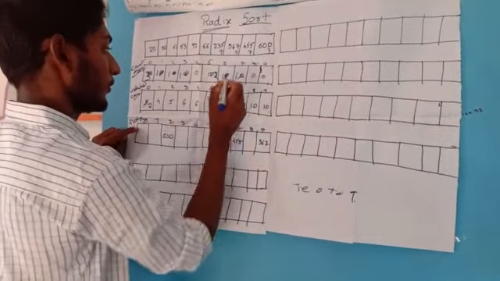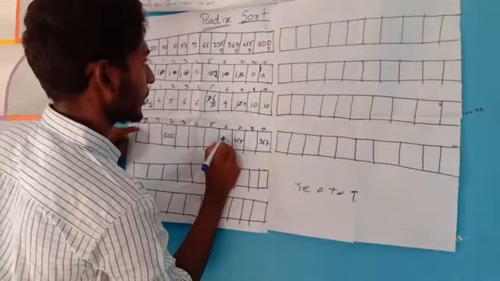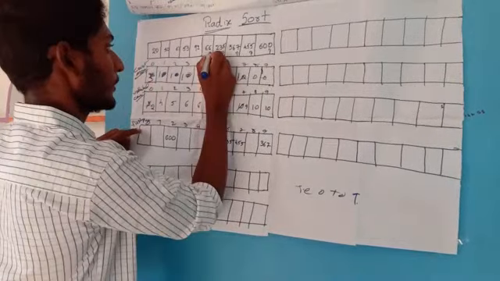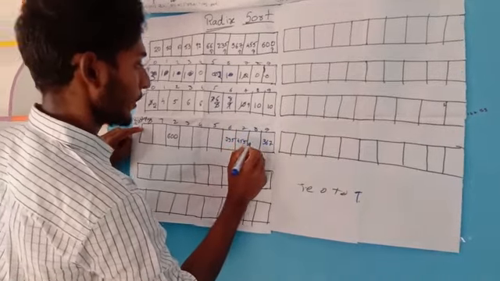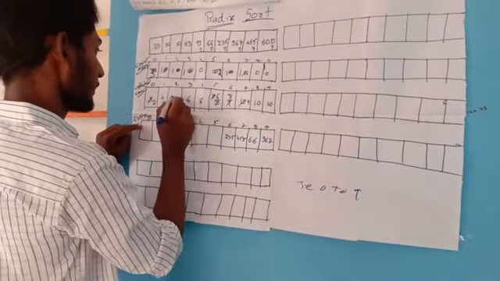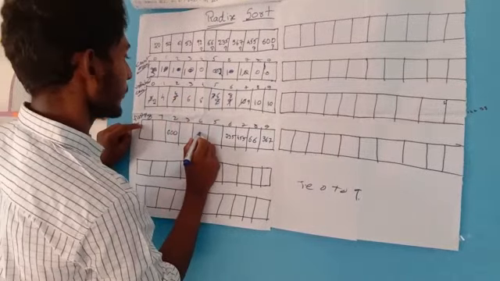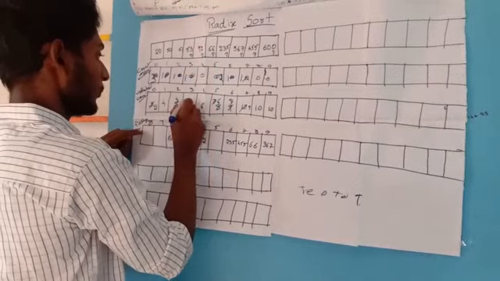Here 5. Again decrease, it becomes 6. At the 6th place we have to write 235. Here 6. By decreasing it becomes 8. At the 8th place we have to write 66. Here 2. We have to decrease, it becomes 4. At the 4th place we have to write 92. Here 3. It becomes 5.